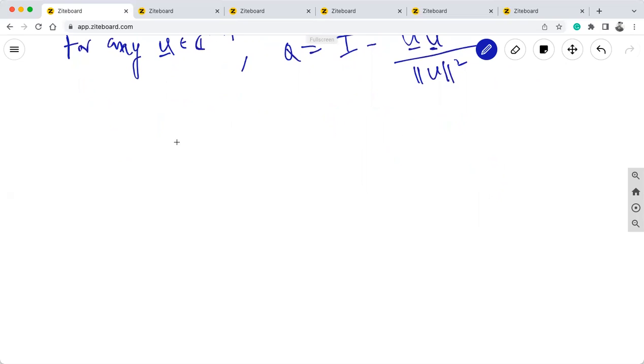So let us see the geometry here. Suppose that you have the vector u in some z direction or in some direction like this. So this is the vector u or the ket u. And obviously, you can have a plane orthogonal to this, like this.